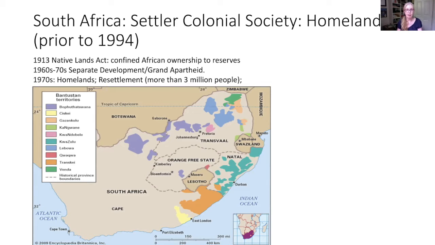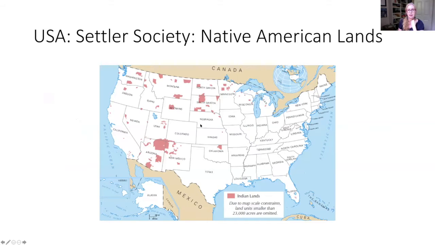Anyway, another story. But so you can see that there's this dispossession of people's land. People who lived here were forced to go and live there, etc., etc. But you also, here's the Native American lands. These are not all of them, because as I say, 23,000 acres are omitted. Like, there are small communities up here whose lands are not identified on this map.